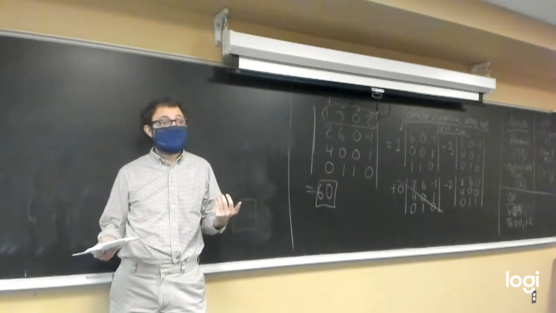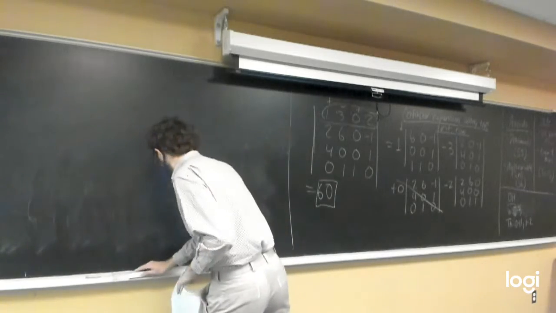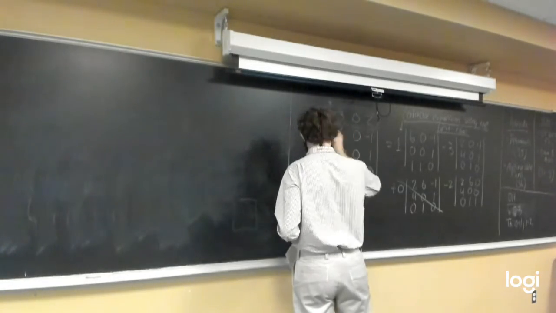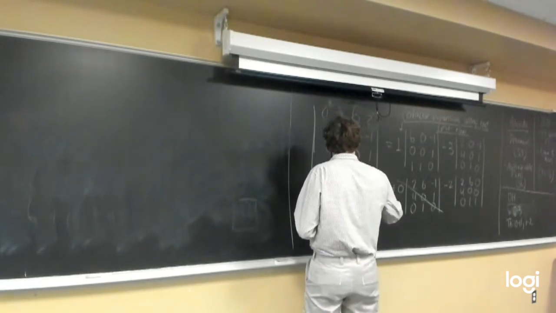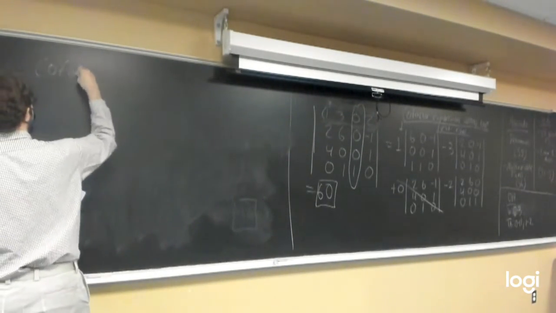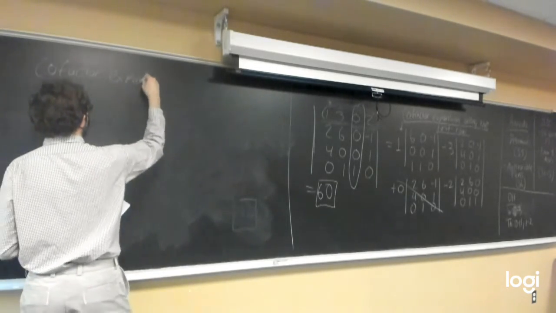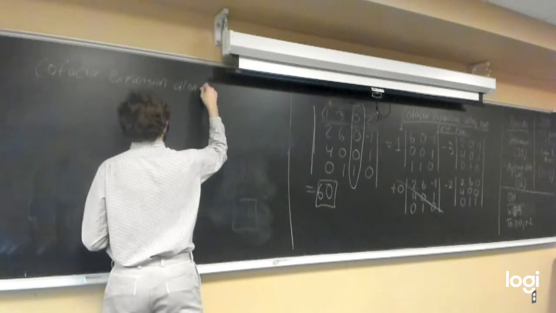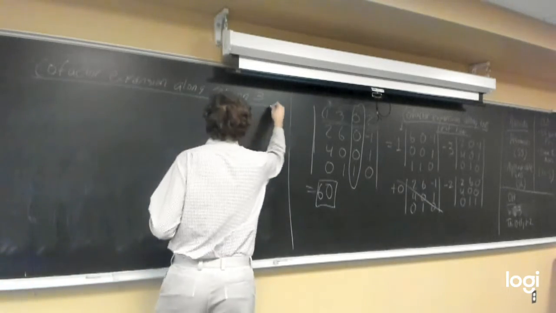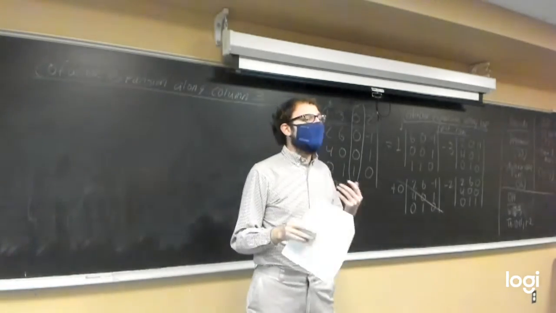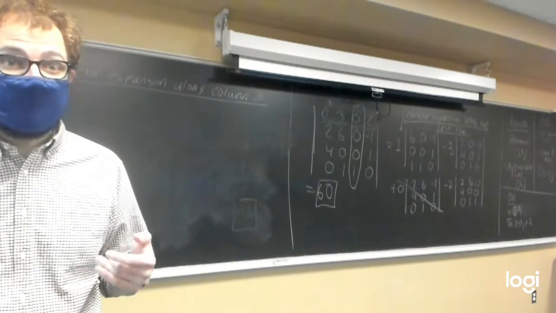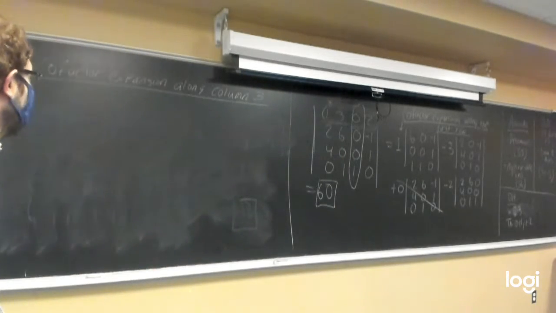row or column that has a bunch of zeros in it. So in this case, we'll do it down the third column. We can do this along any row or column, but it's going to be advantageous, as you'll see, to pick a row or a column that has a bunch of zeros in it, because it'll make our lives easier down the line.